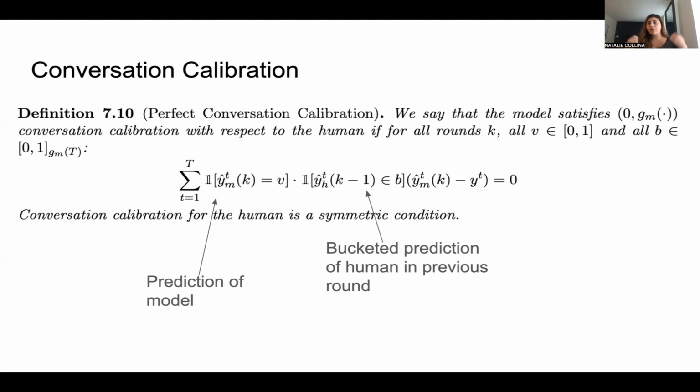And you need this to be true for all the rounds and all possible interactions of different prediction pairs like this. Any questions about the definition of conversation calibration?